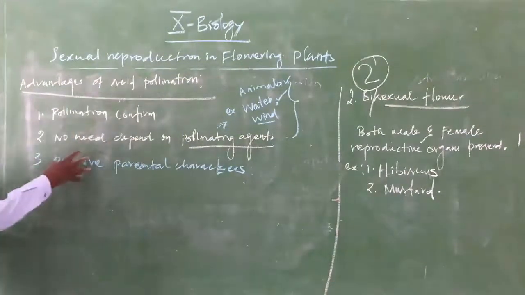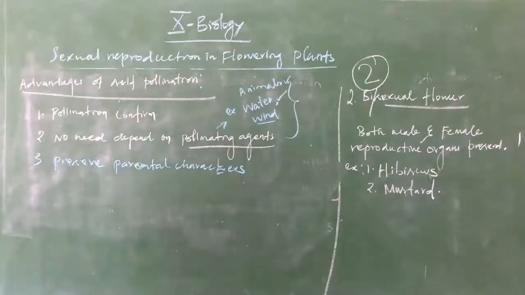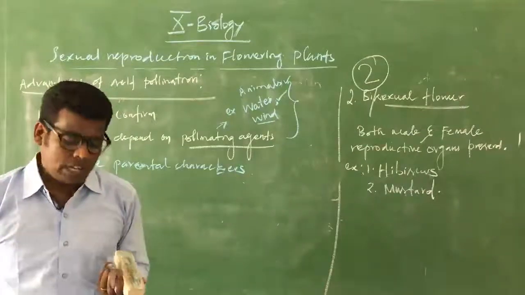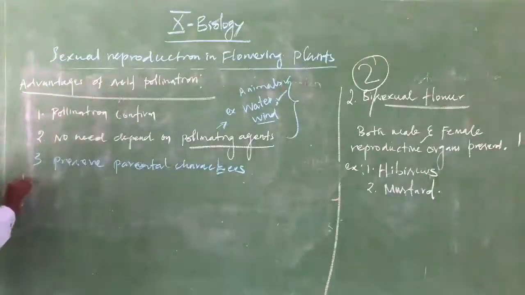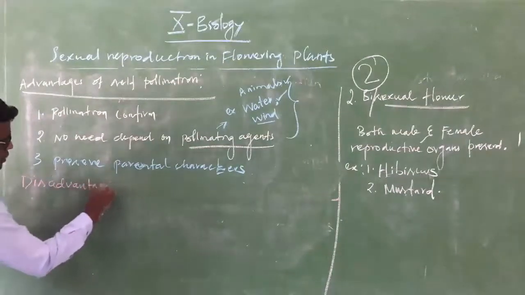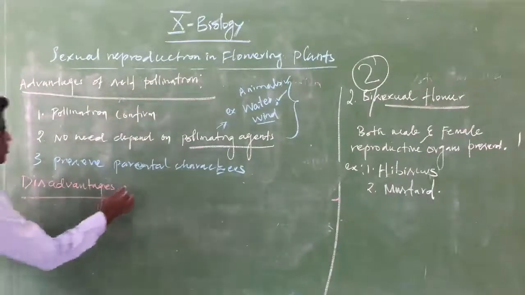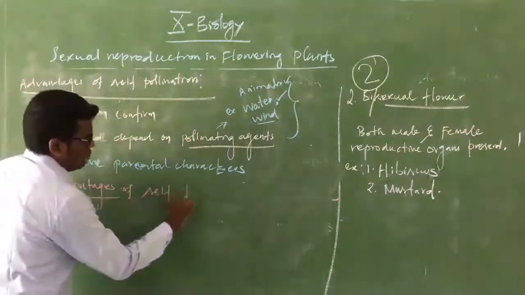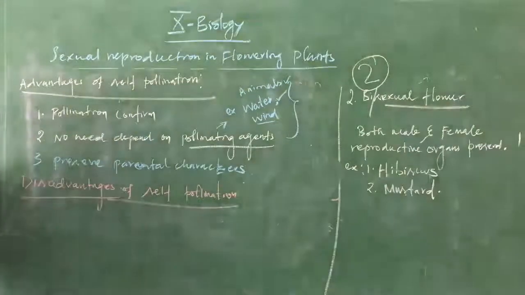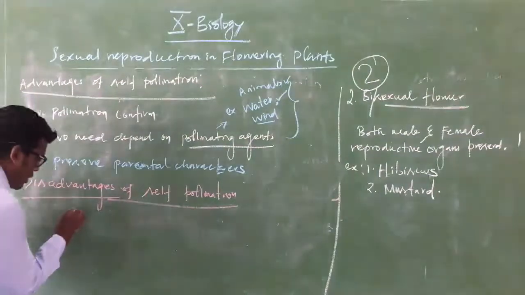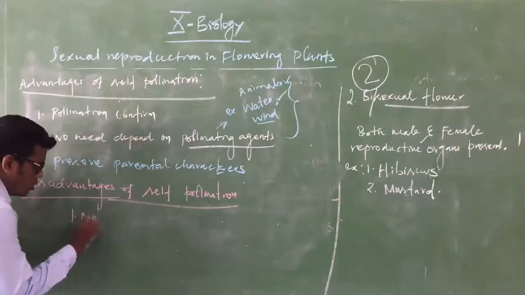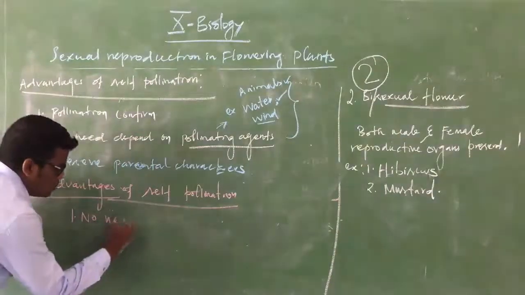Okay, so these are some advantages of self-pollination. And now some disadvantages. What are the disadvantages? The first one is no new varieties.